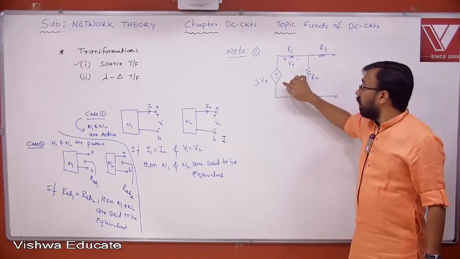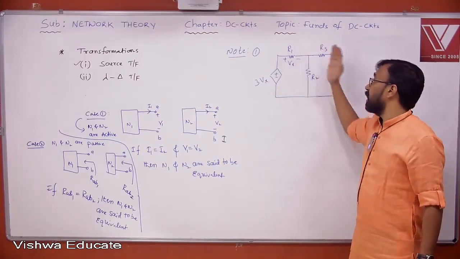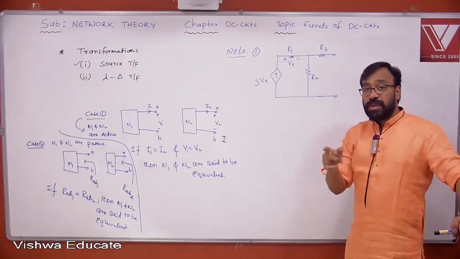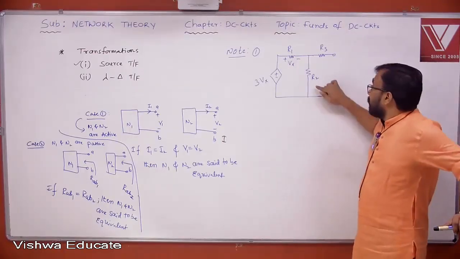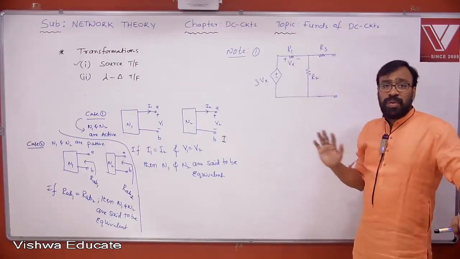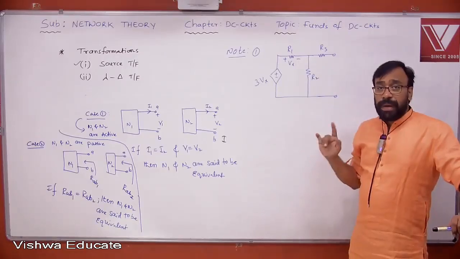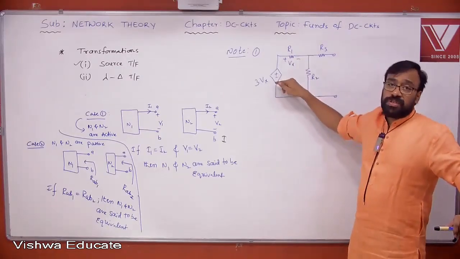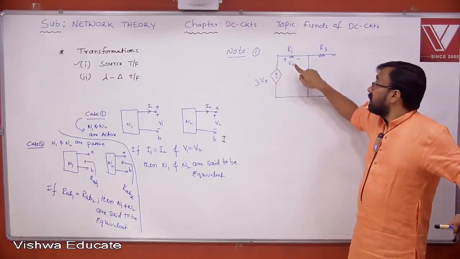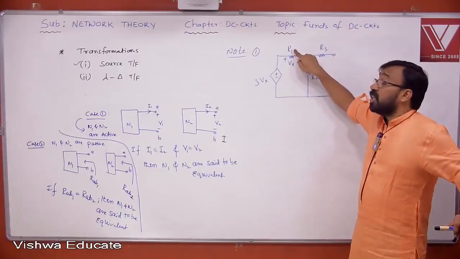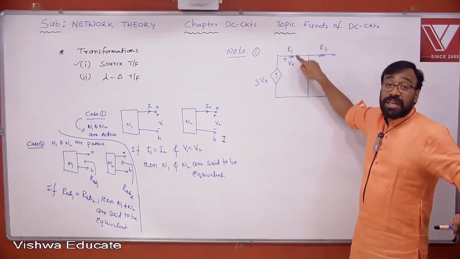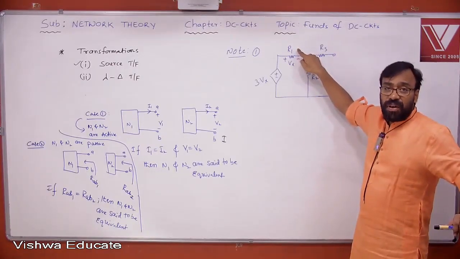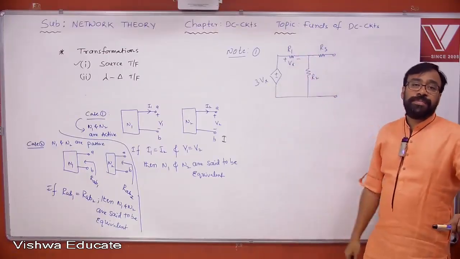source transformation. A voltage source with a series resistor can be transformed into what? A current source with a parallel resistor. Now, R2 and R3 are not directly involved in the source transformation, but R1 is, whereas this dependent variable is related to R1, the resistor which is involved in the transformation.